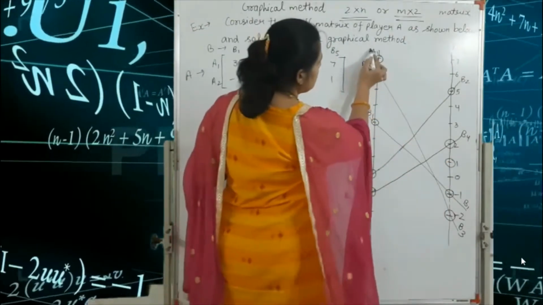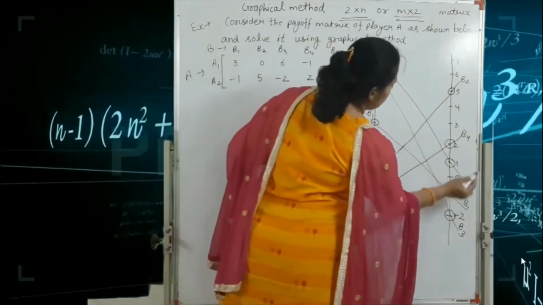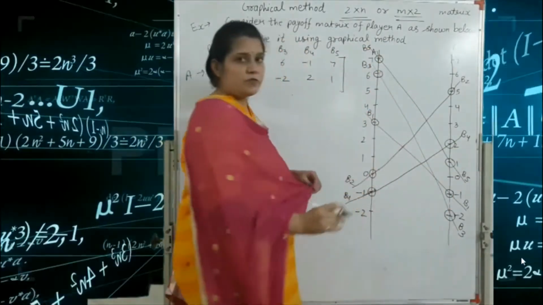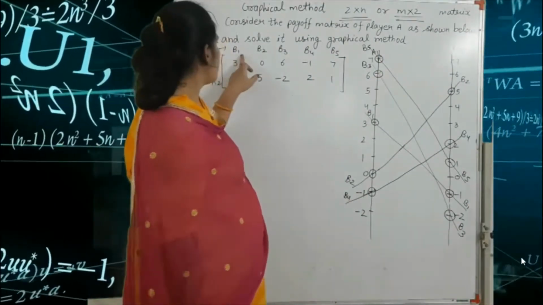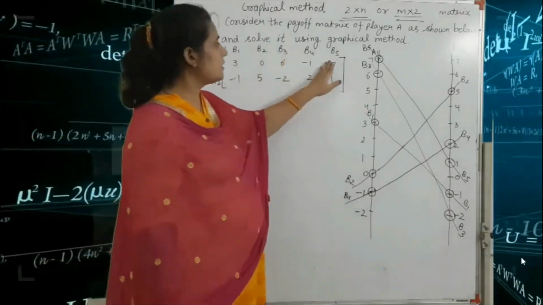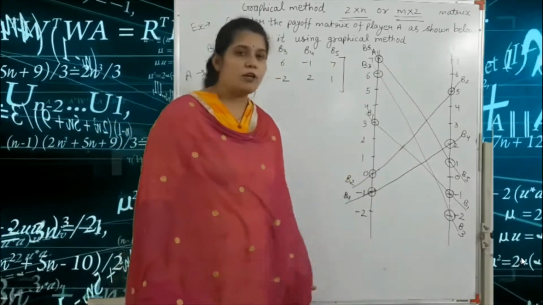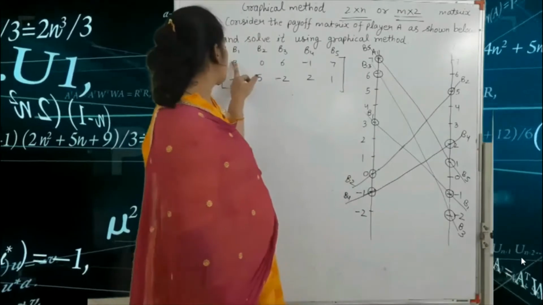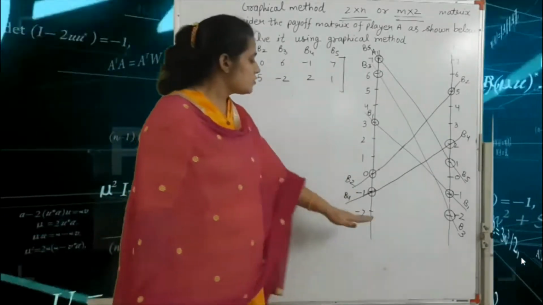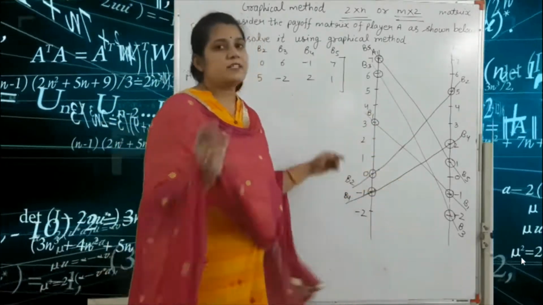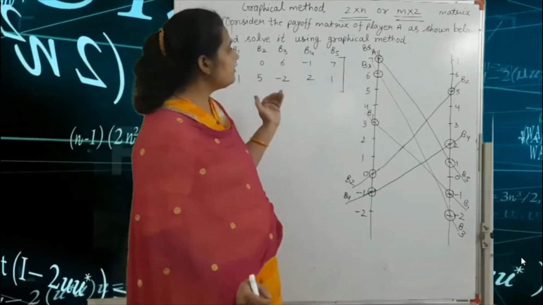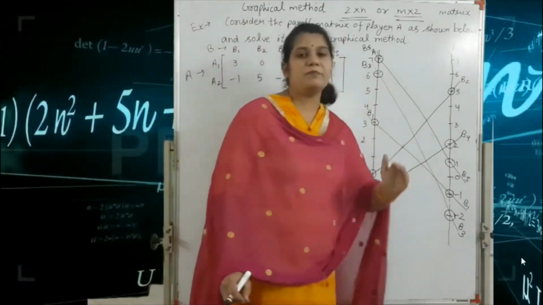We join these two values, and this is B5. So for B1, B2, B3, B4 and B5, we draw all the points according to A1 and A2 and join them. For example, A1 3 and A2 -1, join the line and write B1. One by one we write B1, B2, B3, B4 and B5.